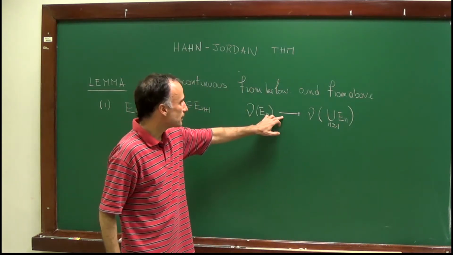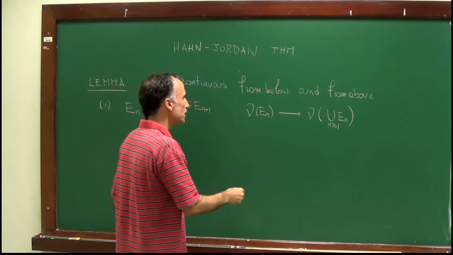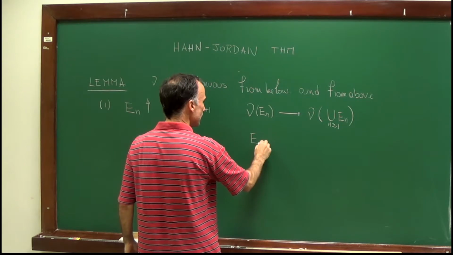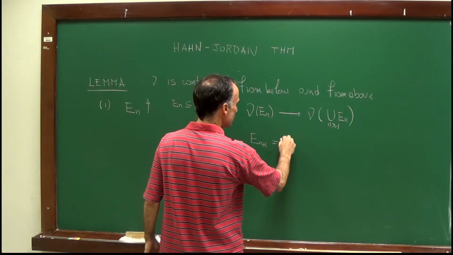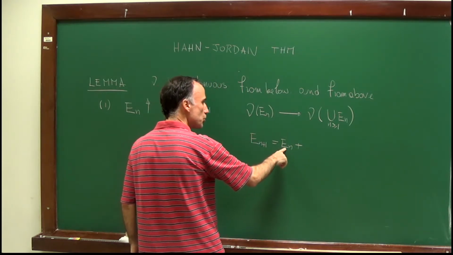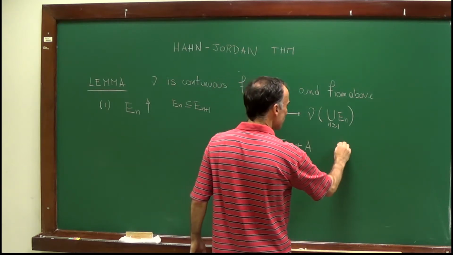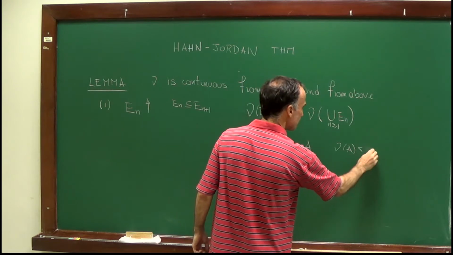Just observe that here now the sequence is not increasing anymore because maybe you have a set En and the set En plus 1 is equal to the set En plus a set which is disjoint from En, let's call it A, but the measure of A is negative.